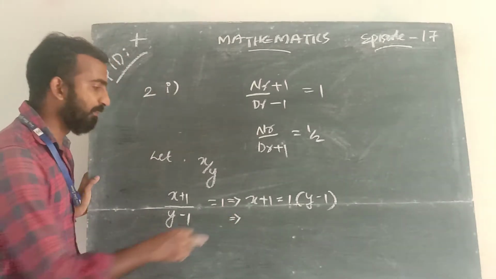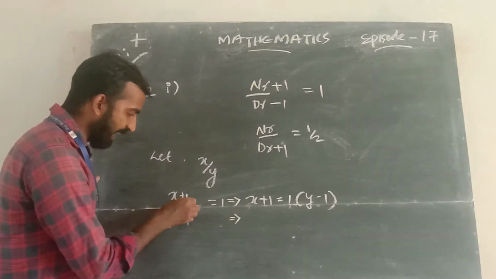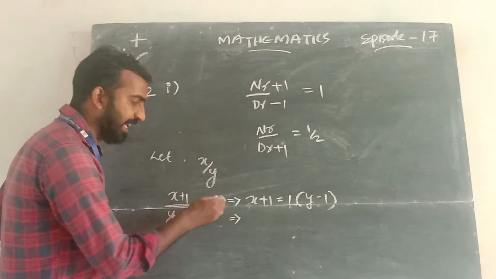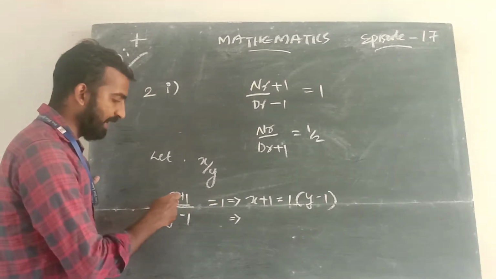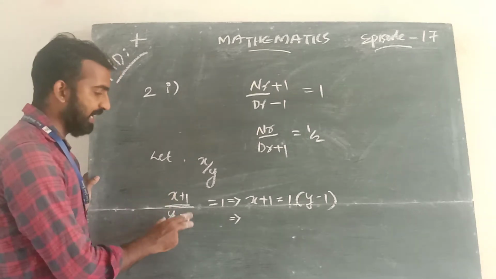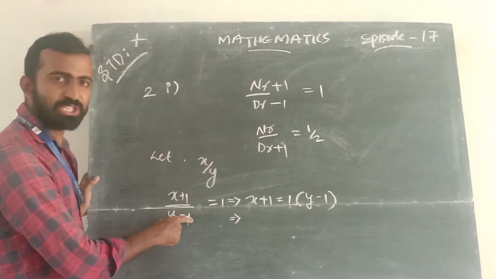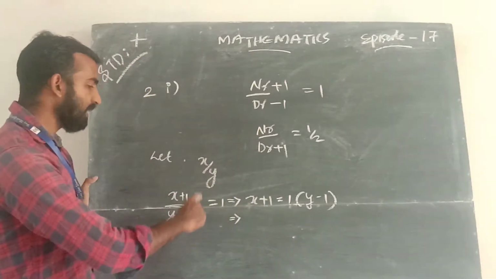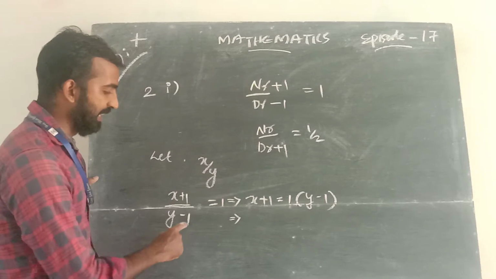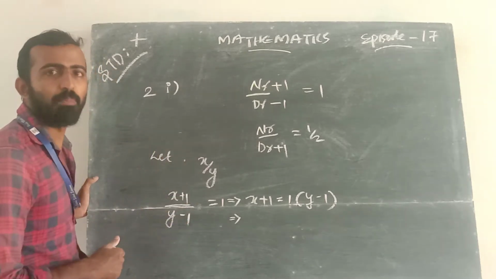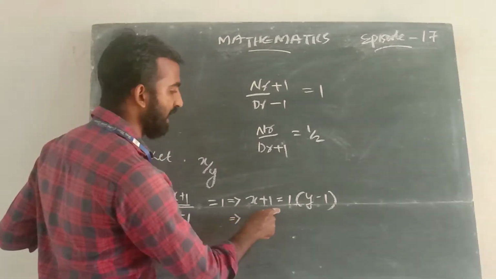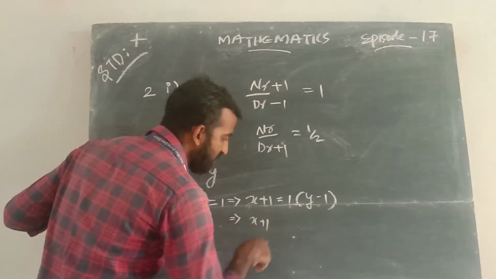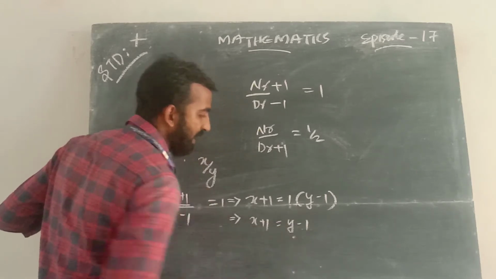We can write x plus 1 by y minus 1 equal to 1. Next step, y minus 1 is going to the right side. Here the process is division; when it goes to the right side of the equal sign, division becomes multiplication. So x plus 1 equal to 1 into y minus 1, that is x plus 1 equal to y minus 1.